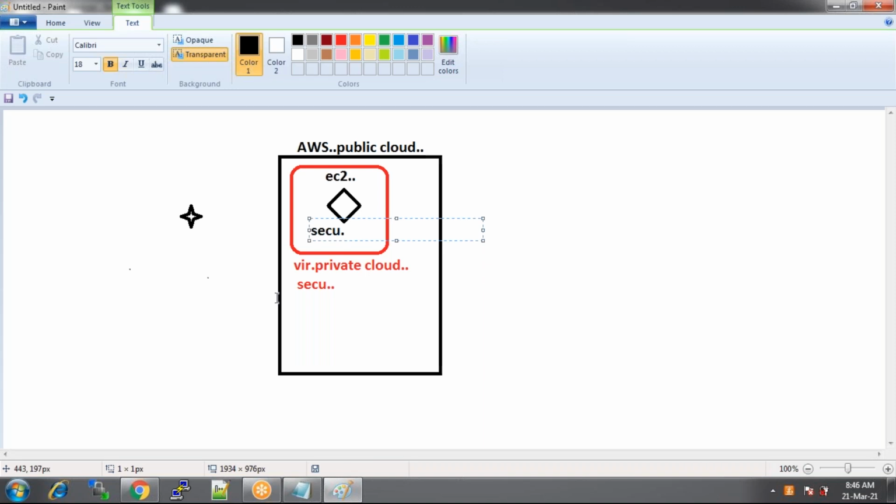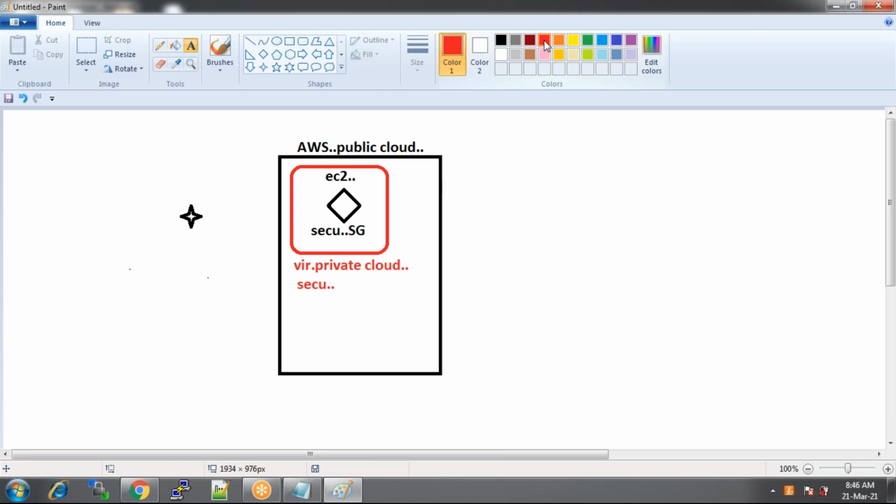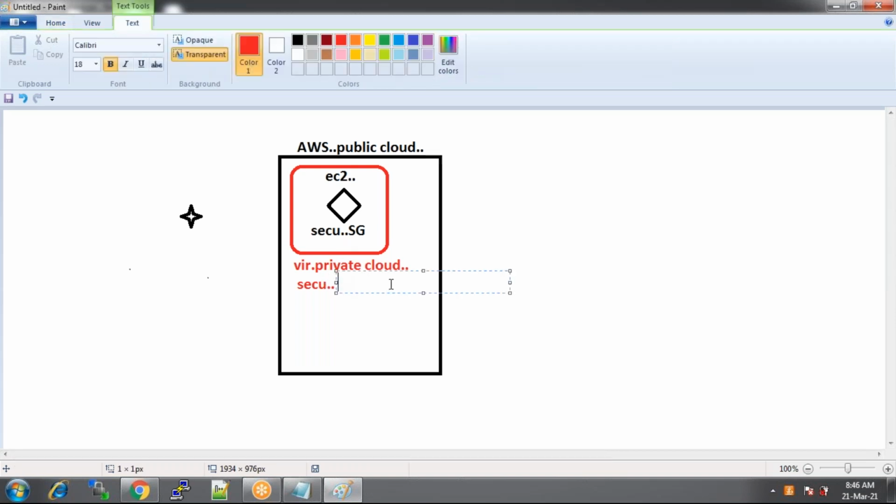What do we call instance level security, or how do we set it up? Security groups. If you want to set up network level or virtual private cloud level security, we call it NACL, Network Access Control List.